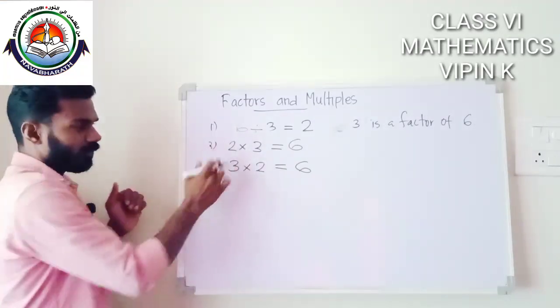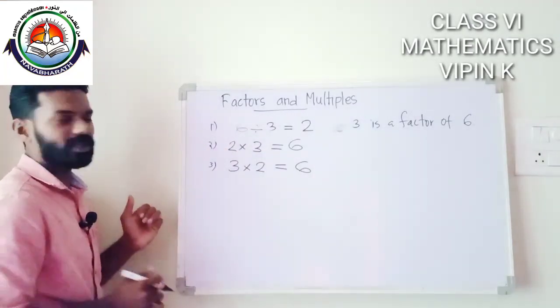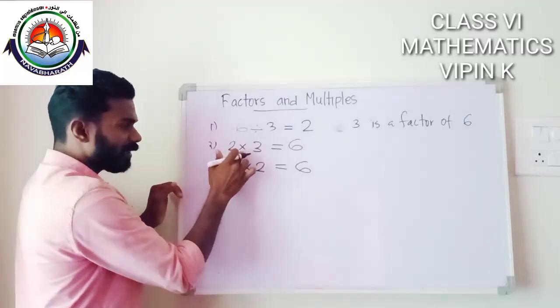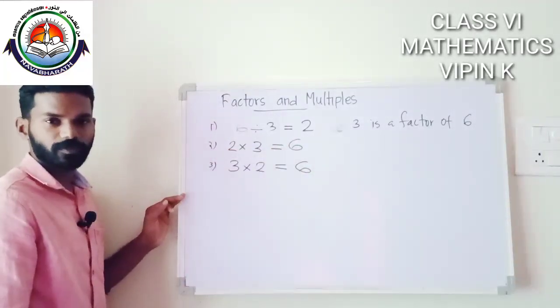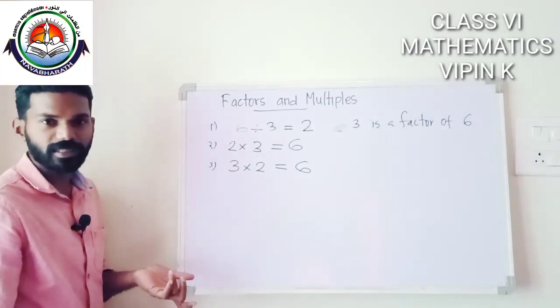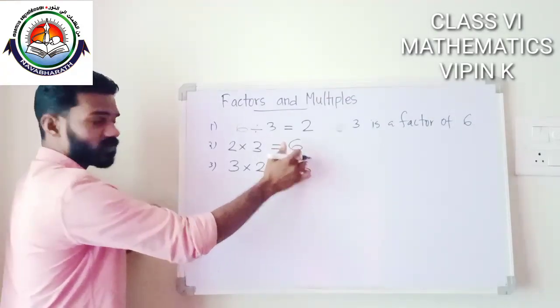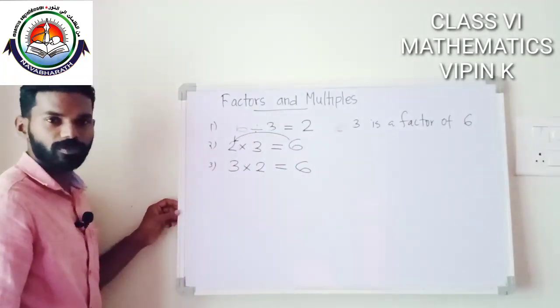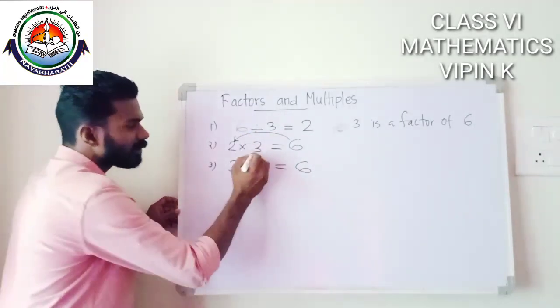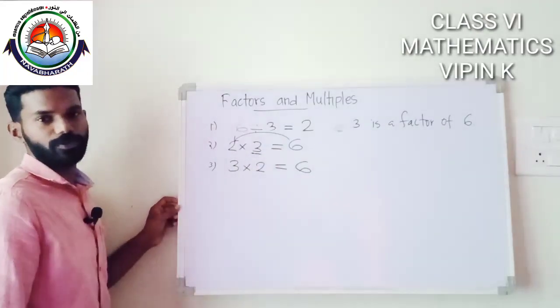Now here you can see that 2 multiplied by 3 gives 6, or we can say that this number 6 is a multiple of 2. Which multiple? The third multiple of 2.